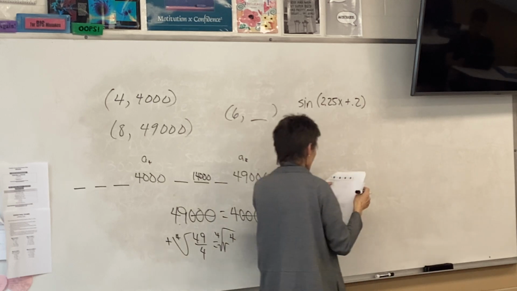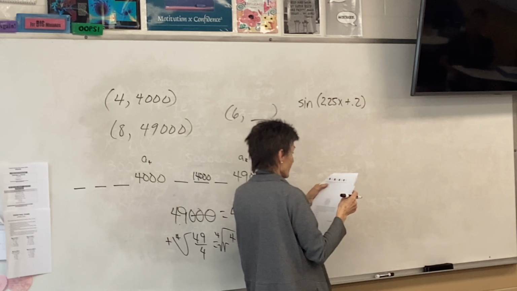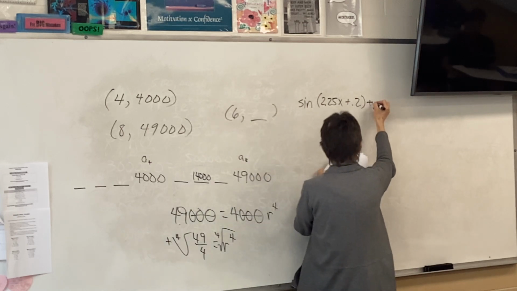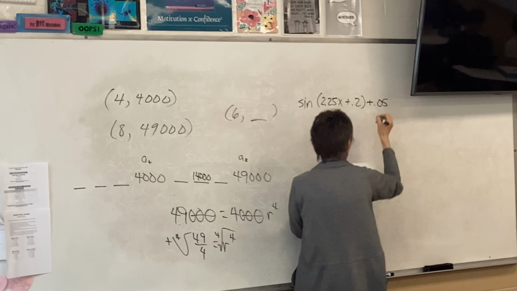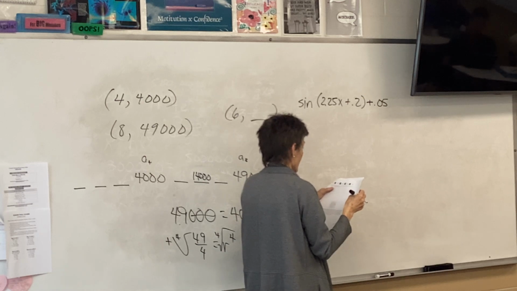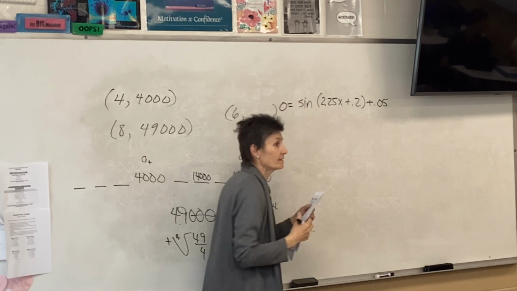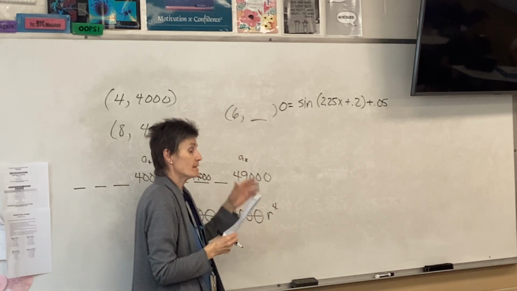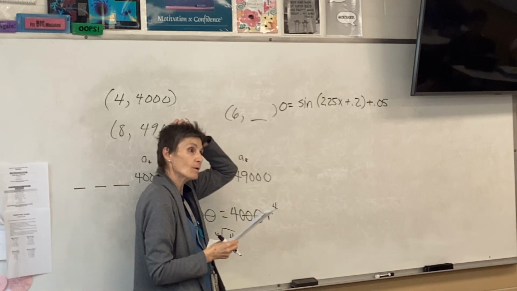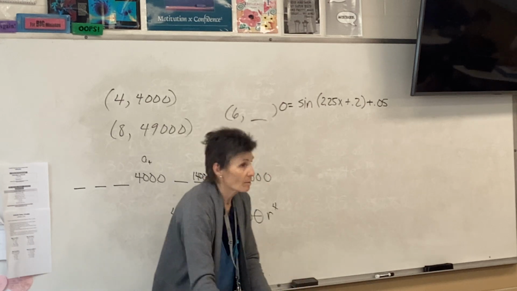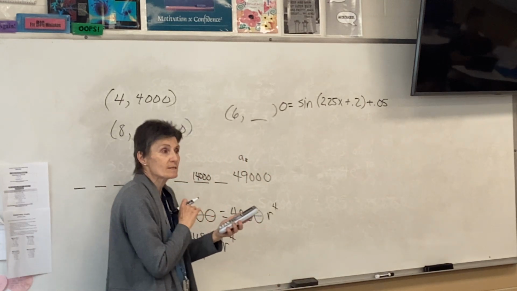All right, so there's F, and G is just that plus 0.05. And I need to know the zeros of that thing, so I'm just going to set that equal to 0. Is that okay? Does that seem right? Okay. Now, I have a calculator, so I'm going to go ahead and sketch this thing.